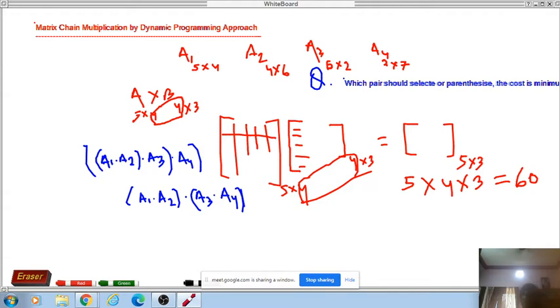If you see, it will make a tree. In the first case, a1 will be multiplied with a2, and it will give a result. Then this result will be multiplied with a3, and we will get a result. Just imagine a tree structure.